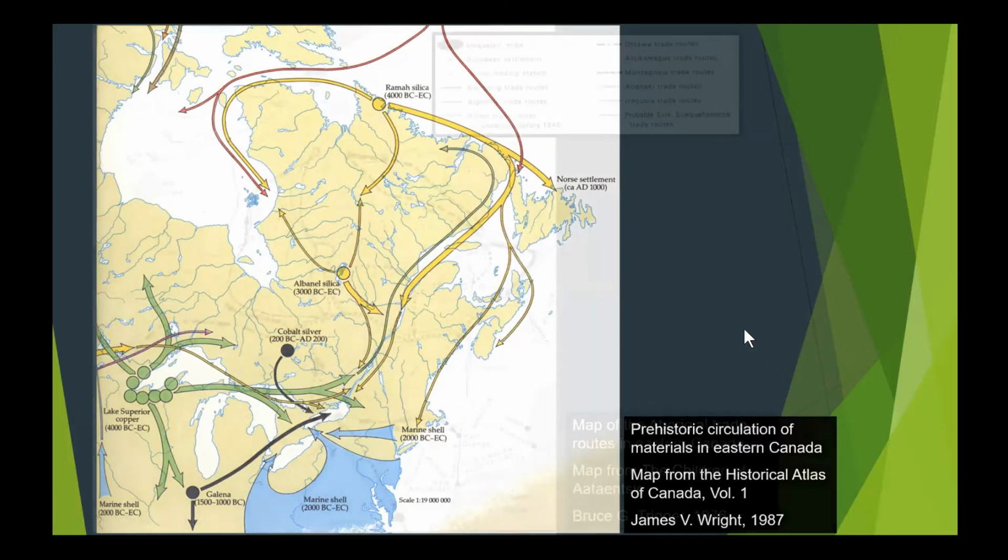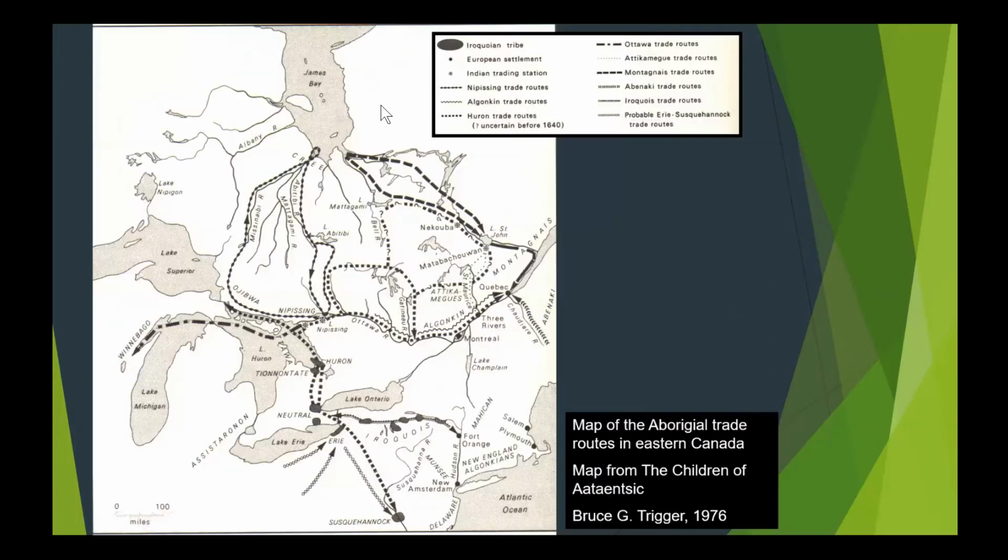The other thing is, of course, that people like Bruce Trigger have described this in detail as well, for example regarding the Huron, the Wendat, and the Algonquins in the Ottawa Valley. We know of a series of pre-contact trading routes and travel routes in the Northeast.